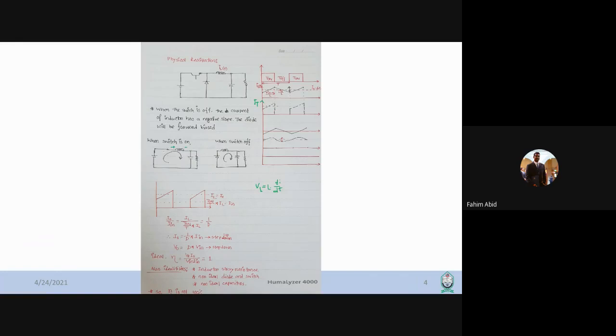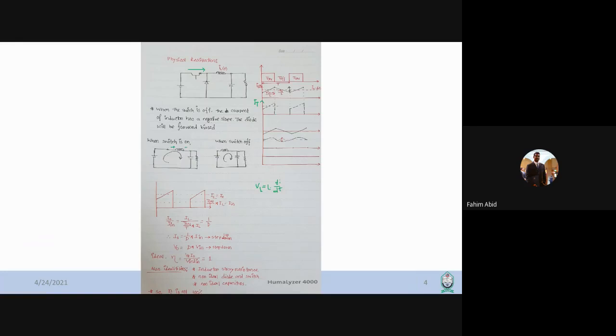Whenever the transistor is off, the current through the transistor will be 0.